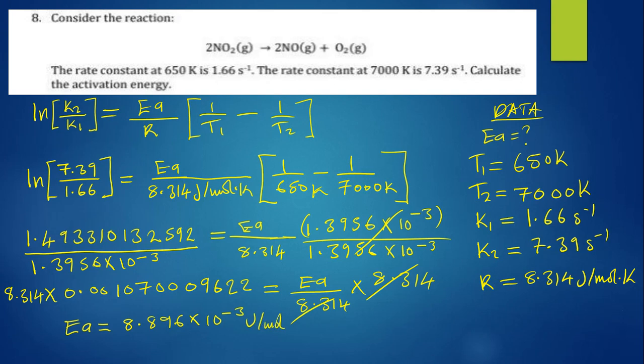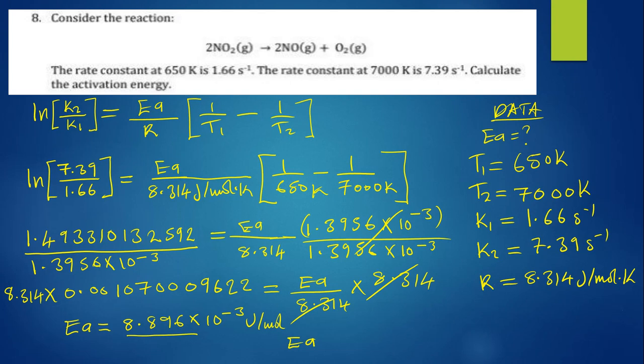Once you have this, your activation energy should be in kilojoule per mole. So for your final activation energy, you need to convert the value you have found. We need to ensure that it's in kilojoule per mole, not in joule per mole. So we need to know the conversion that 1 kilojoule is equal to 1000 joules.